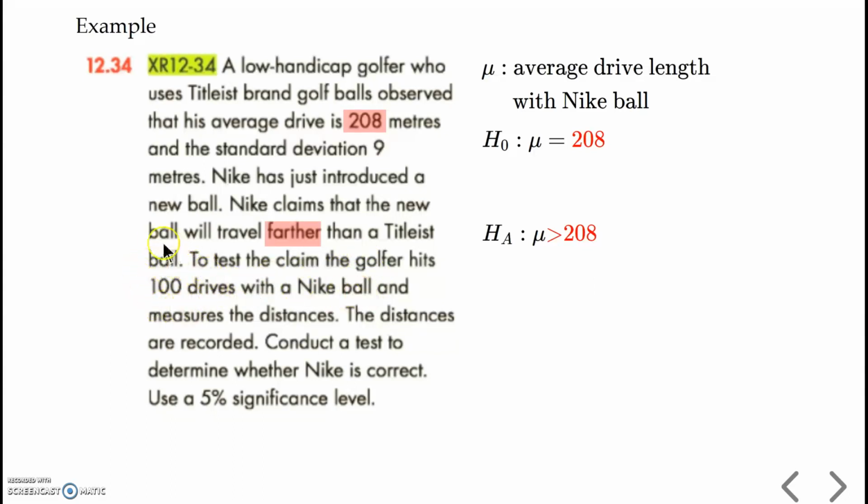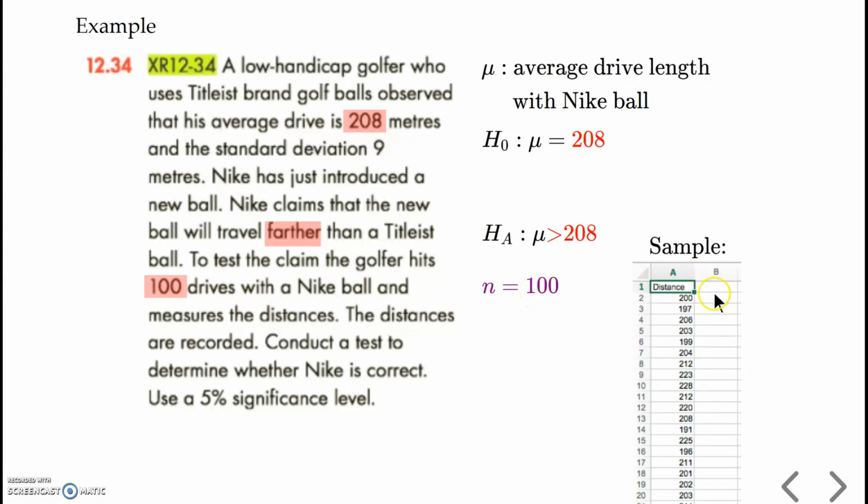So the sample size is 100, and let's assume the data are given to us, the distance of each drive. I have calculated the sample mean and the standard deviation for the drive length. They are 209.45 for the mean, and the standard deviation is 12.158.